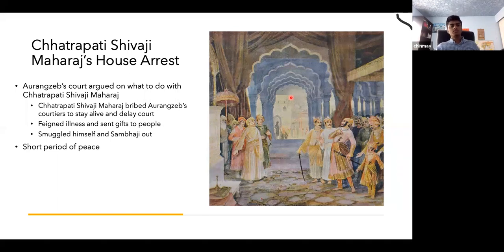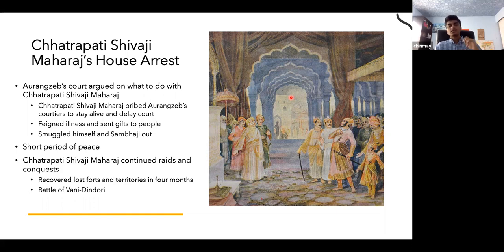Following this, Shivaji brokered a small period of peace with the Mughals, and a small period of peace ensued. But obviously, Chhatrapati Shivaji is not there just to self-preserve his territories. He continued his quest for Swaraj, for self-rule, and he continued his raids and conquests.